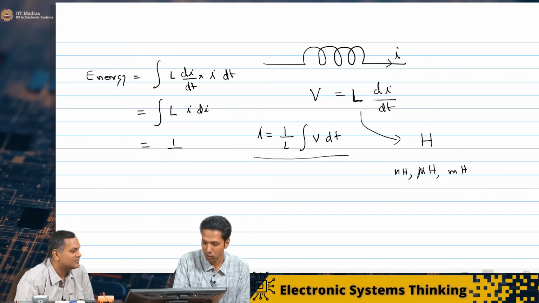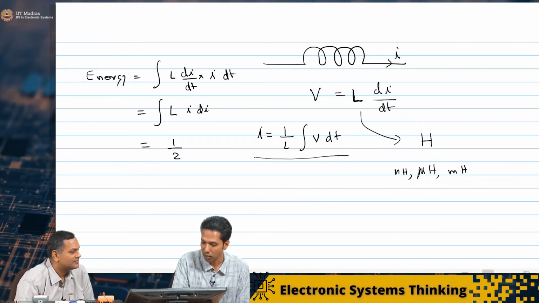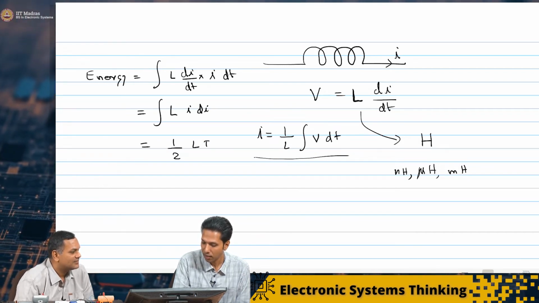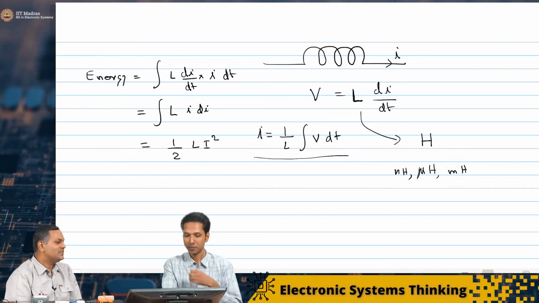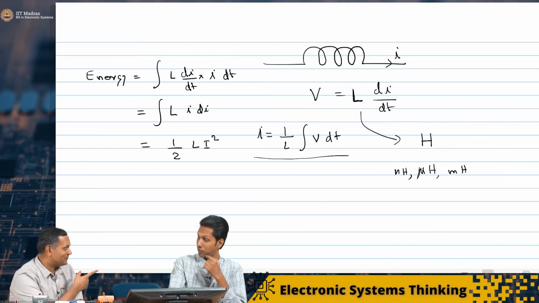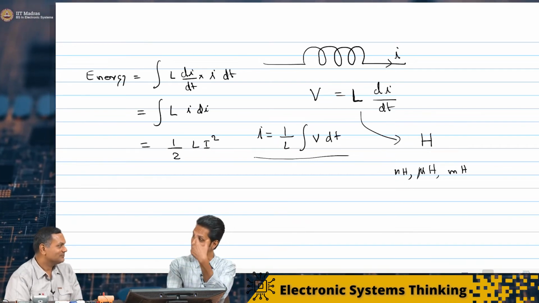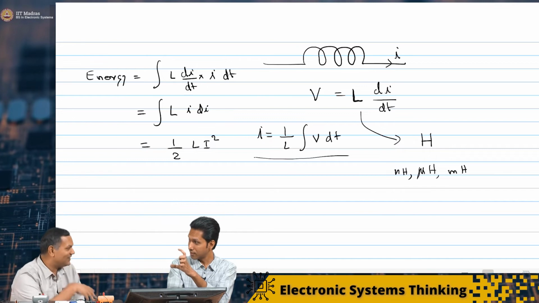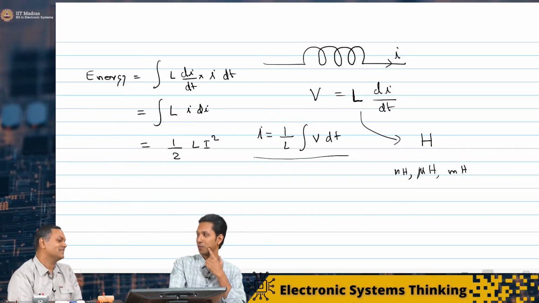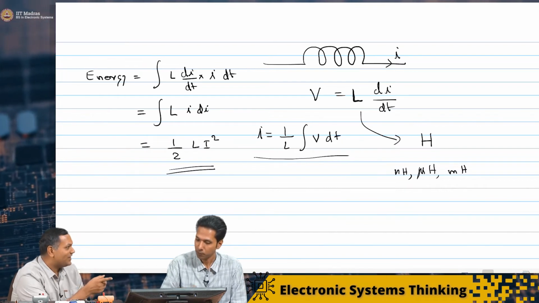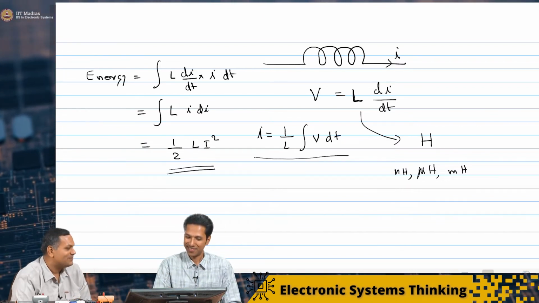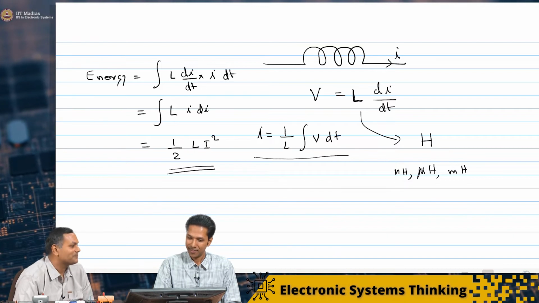So, very similar to C, we have half L I square. This energy must be stored in the magnetic field, while for the capacitor it is stored in the electric field. Very interesting. A lot of the equations are similar between the capacitor and the inductor.